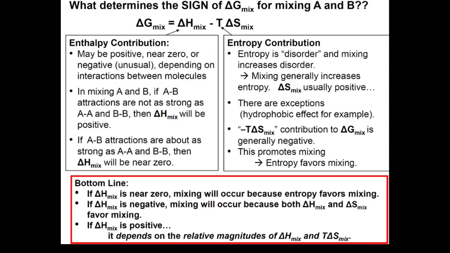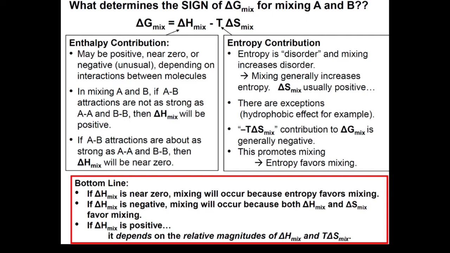And the entropy contribution, entropy being just really disorder, which we'll learn a lot more about later in the term, mixing generally increases disorder. So the delta S, the entropy change for going from not mixed to mixed, going from not dissolved in each other to dissolved, is generally positive. There are exceptions to this, the hydrophobic effect, for example.